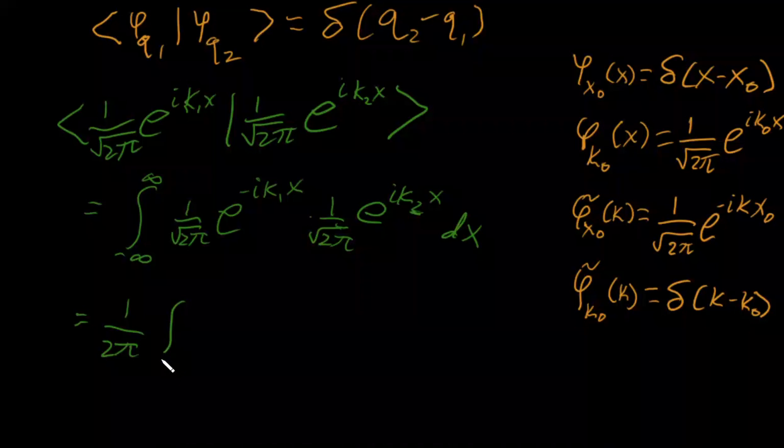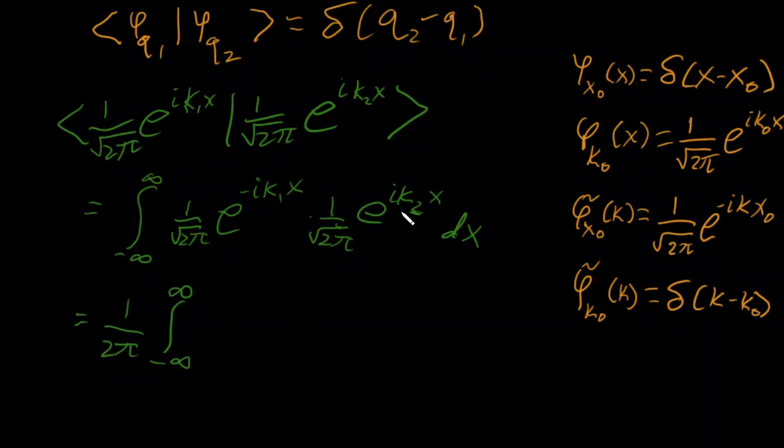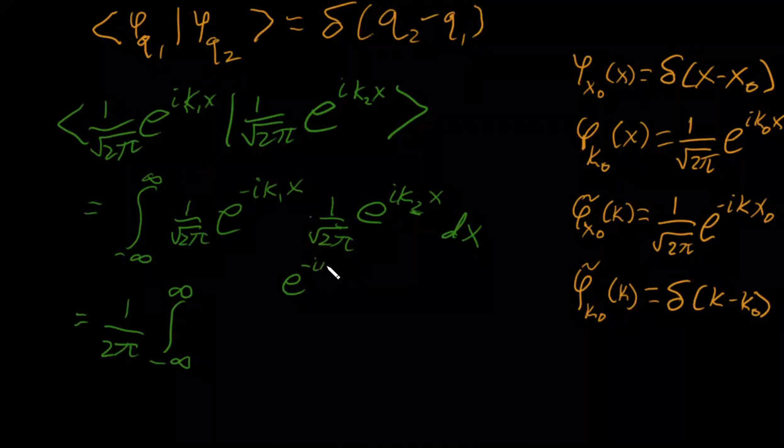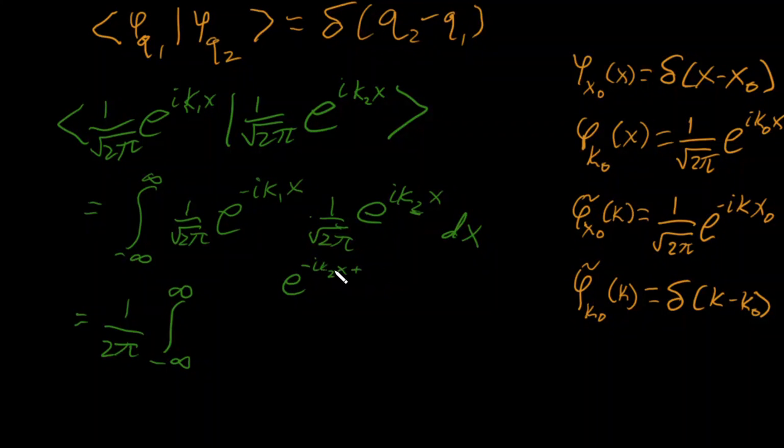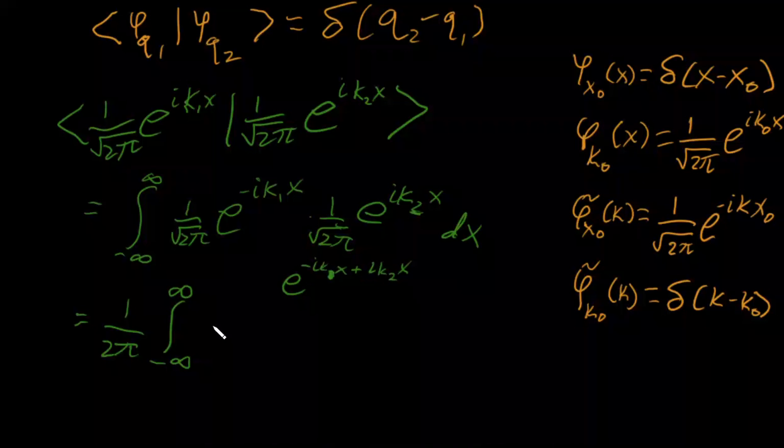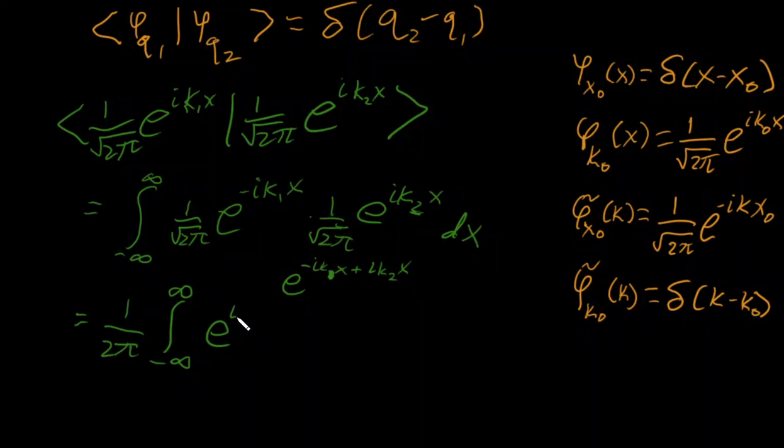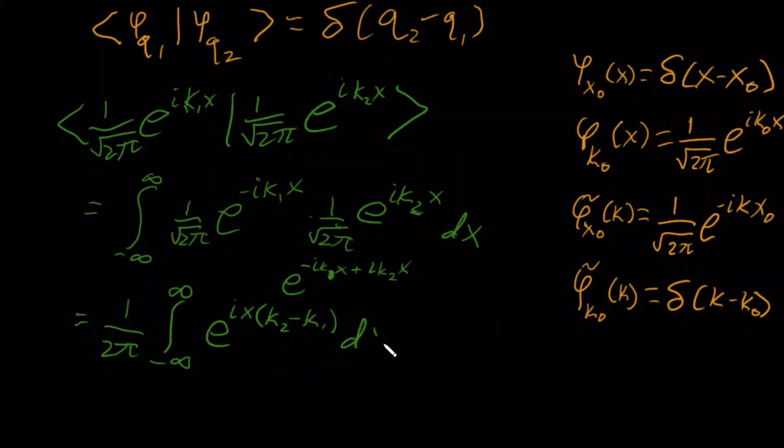So 1 over 2 pi times the integral from negative infinity to infinity, and then we can combine the exponents: e to the minus i k1 x plus i k2 x. We can combine this even further to make this e to the i x times (k2 minus k1), and we take this integral dx.